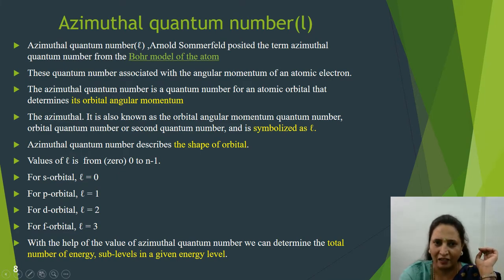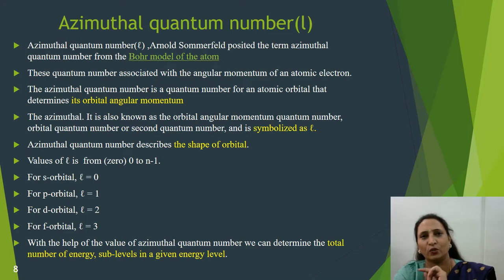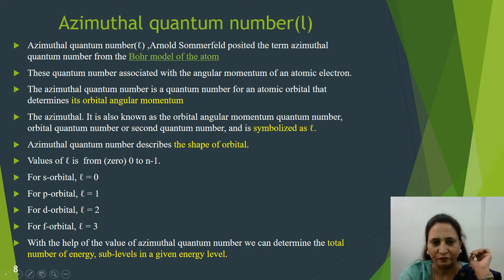Values of l range from 0 to n minus 1. The azimuthal quantum number contains 0, while the principal quantum number does not. Principal quantum numbers start from 1, whereas azimuthal starts from 0 and goes up to n minus 1.